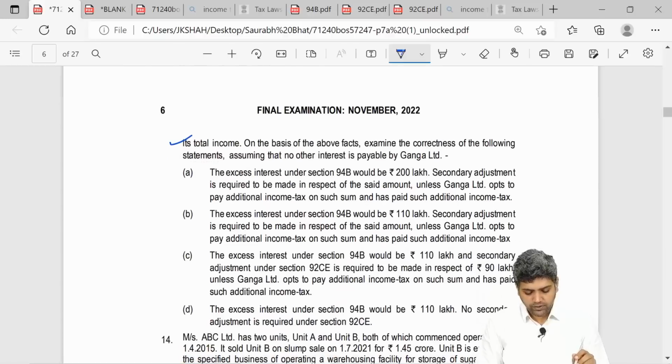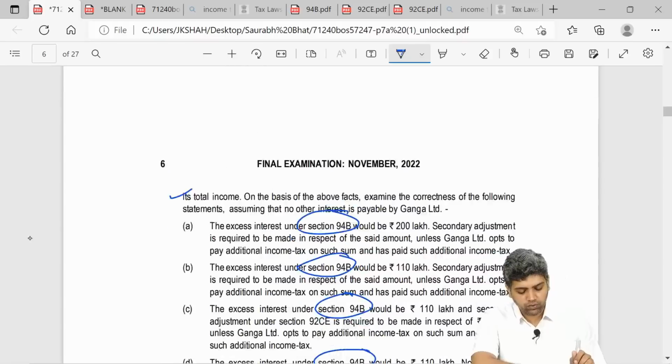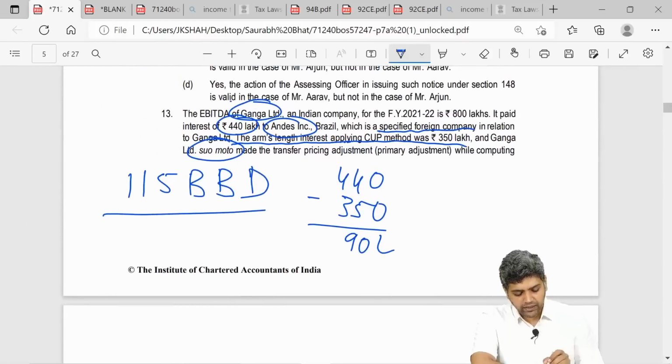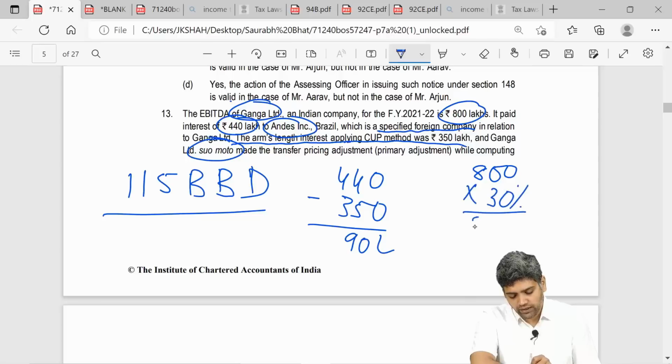Now in all four options they are talking about 94B, that is your limitation on interest deduction or thin capitalization rules. So let us look at that as well. The EBITDA is given in the question as 800 lakhs. We know that the maximum interest that would be allowed is 30% of the EBITDA, that is 240 lakhs.